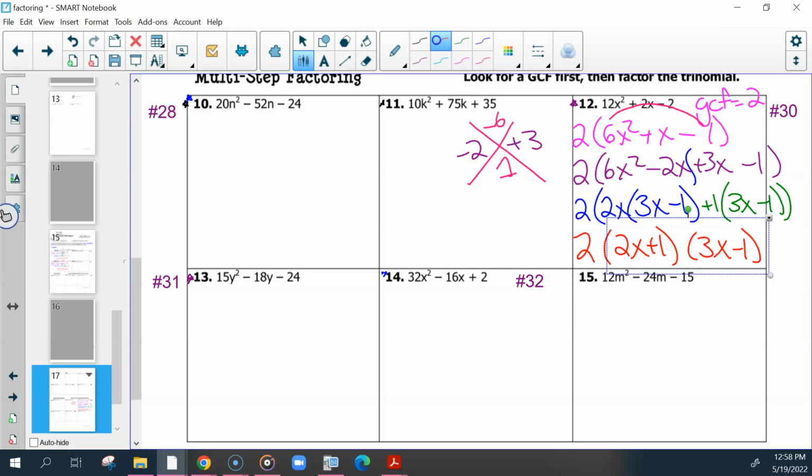Any other questions on that process? The x thing, do you have a one? Why is there one? This number in front of x here is 1. You don't see it.